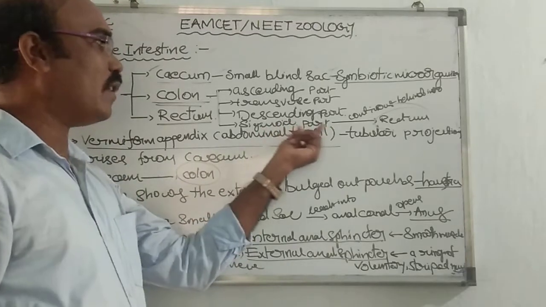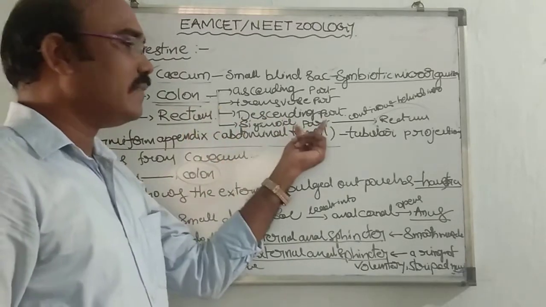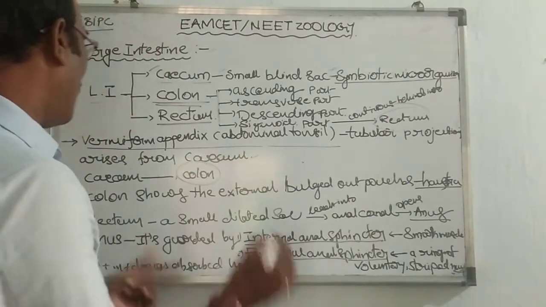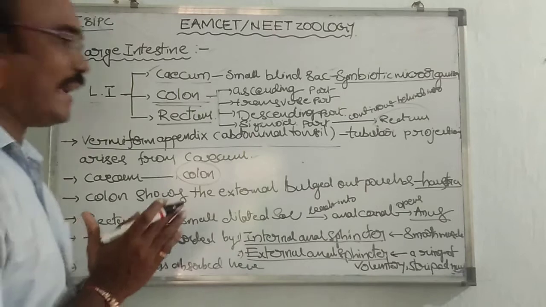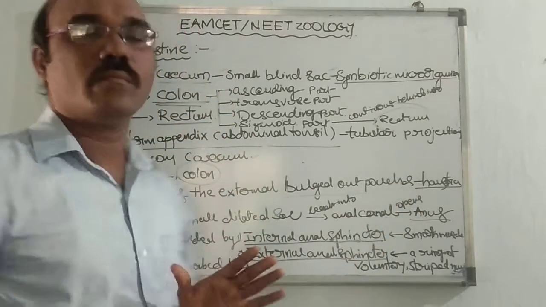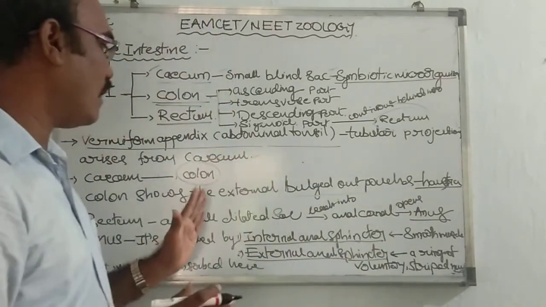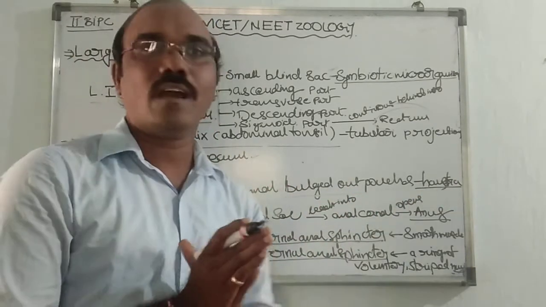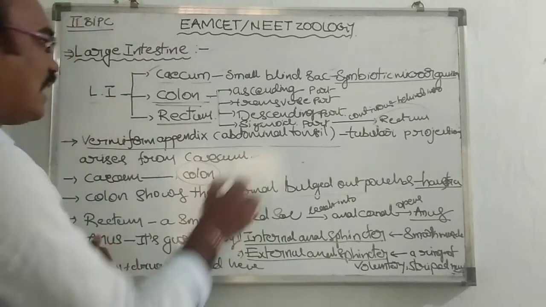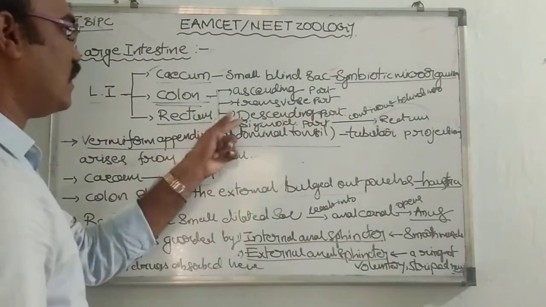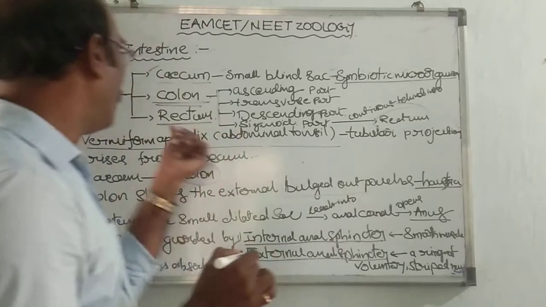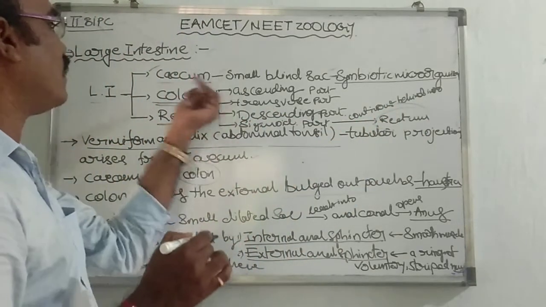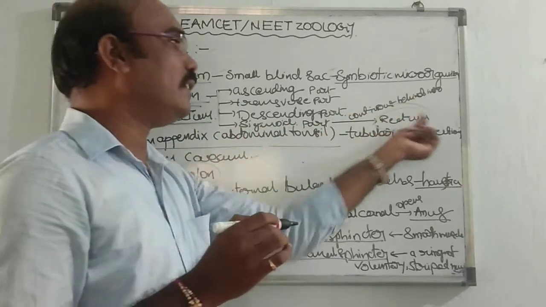The sigmoid part continues behind into the rectum. The colon shows external bulged out pouches, called haustra.